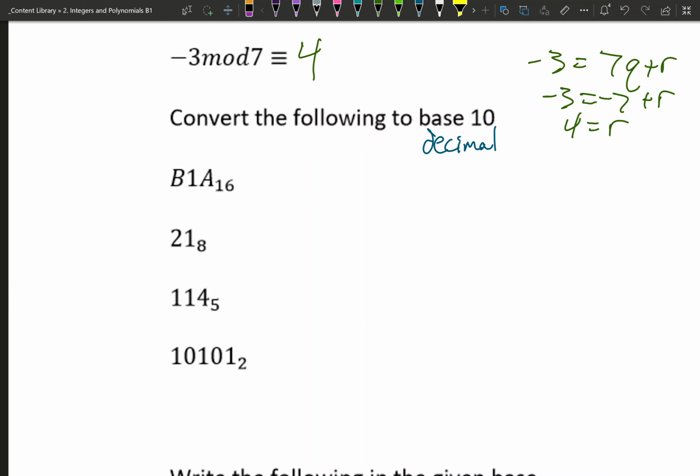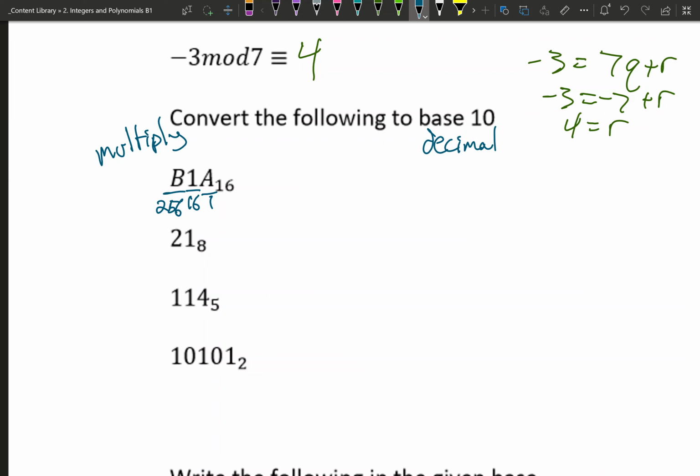It's going to be set up in the same structure. So hexadecimal is base 16. We have our ones place, our 16s place, and our 256s place because that is 16 squared. Then what we're doing when we're converting to base 10, we take the number that's in a place and multiply it by the place value.